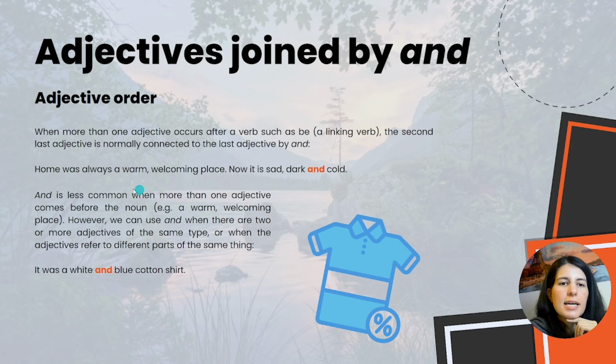So just like I said, here is an example. Home was always a warm, welcoming place. Warm and welcoming are describing place. So of course, I do not need and to connect those two adjectives.